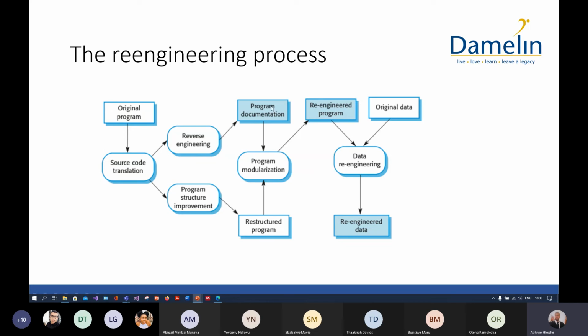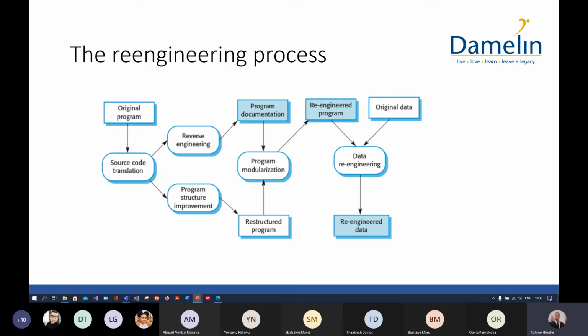It's trying to understand how we can re-document or update the documentation of this software, achieving an actual output of a re-engineered program, and having re-engineered data. Okay, so you start off with the source code of the software, and you have the original program, and then you review the source code.